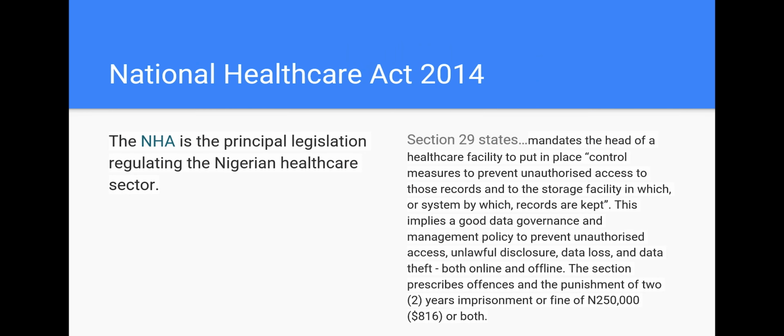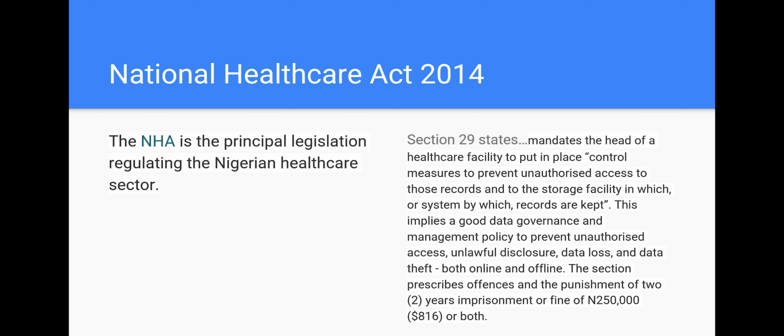The National Healthcare Act of 2014 is the piece of legislation that governs all healthcare in Nigeria. Our rules, how we do things, the regulatory purposes of the hospital all fall under the National Healthcare Act.